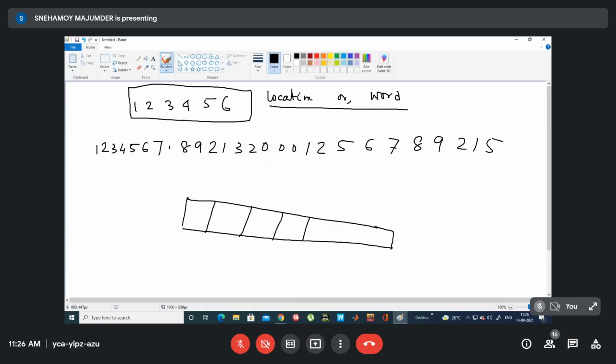Sign can also be stored. So I cannot store all this number. I have to make a compromise to store this number. I cannot even store the characteristics of this number totally, fully.